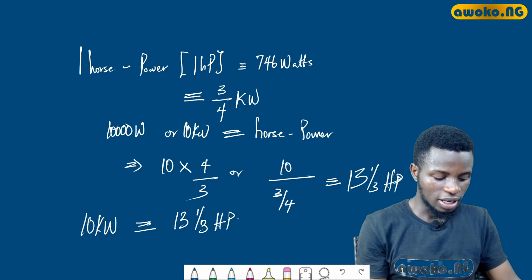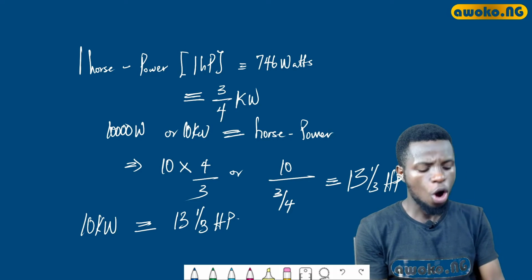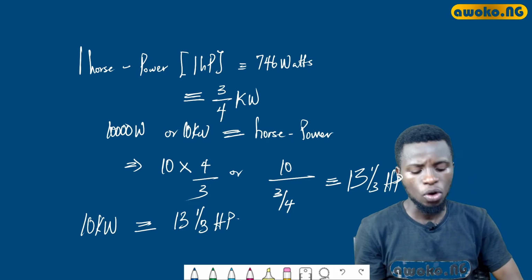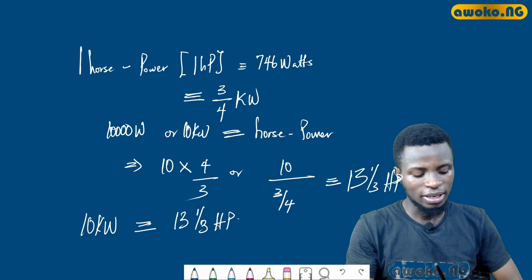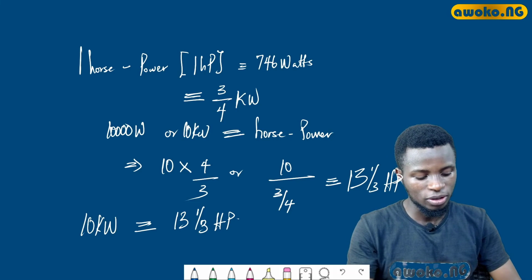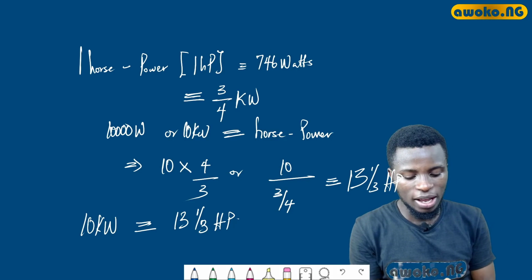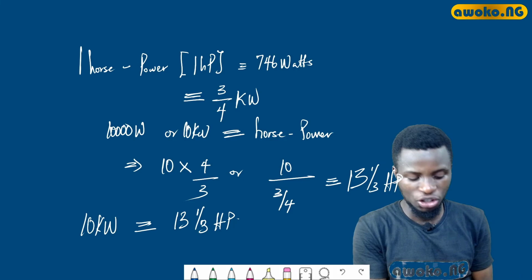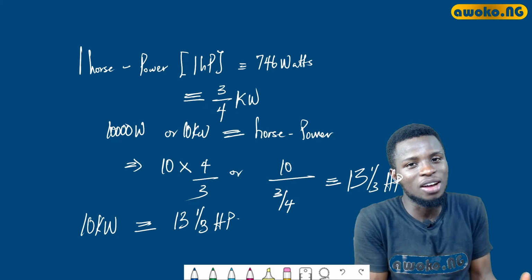Now, having said this, I would like to give us a brief history of horsepower. The term horsepower was adopted in the late 18th century by a Scottish engineer called James Watt. He used this to compare the output of the steam engine to the power of a draft horse.